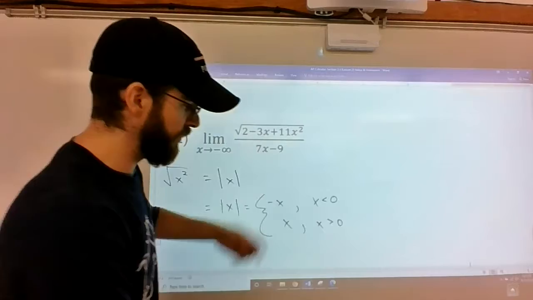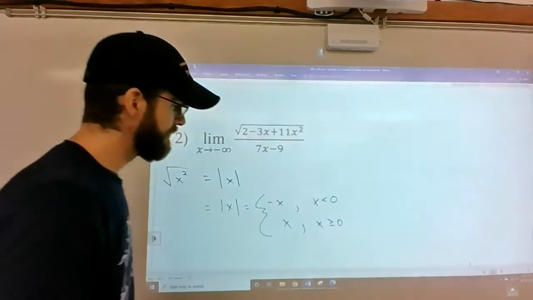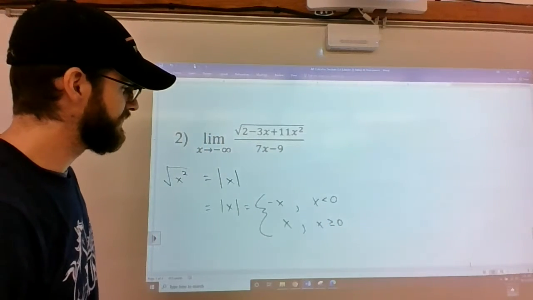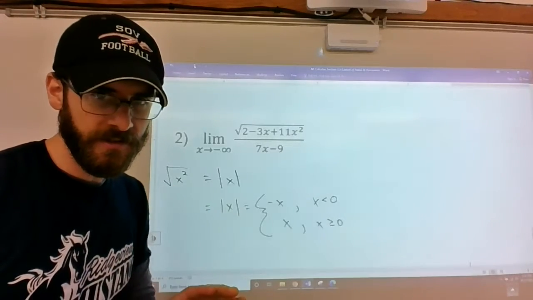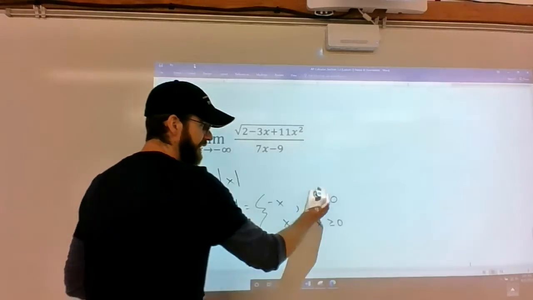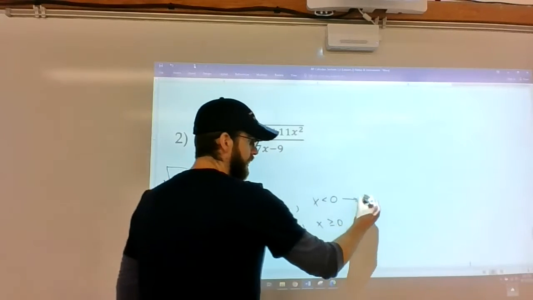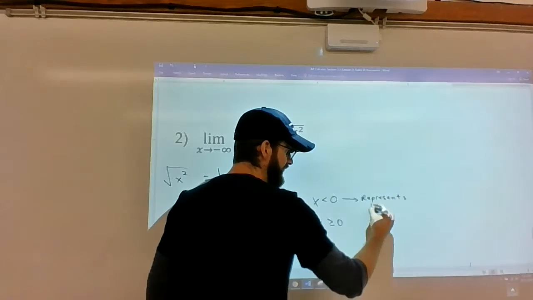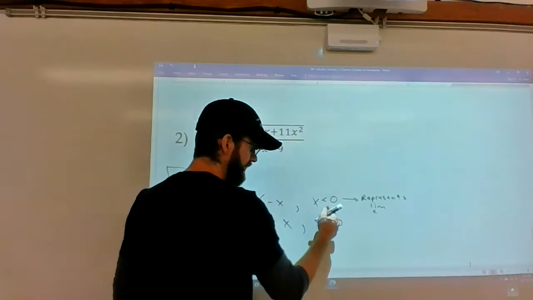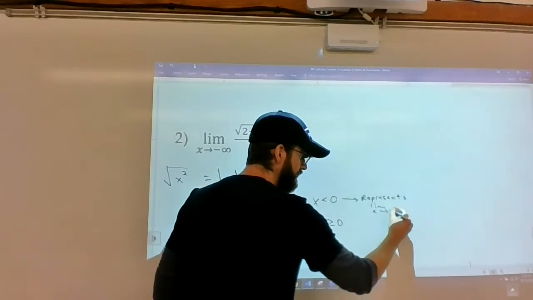And in this case, one of them is equal to. And the implication to this is that this one represents the limit as x approaches negative infinity.